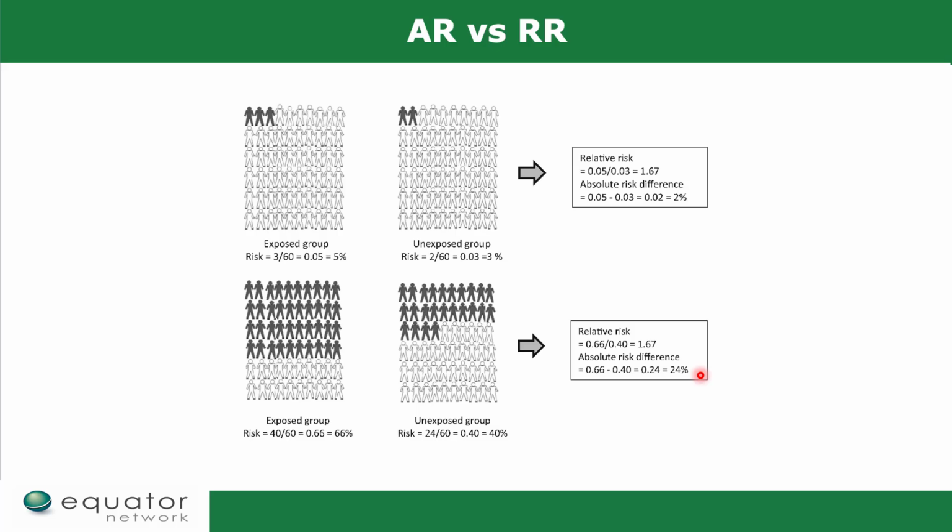Quite different despite the same relative risk. And this is why the studies which comment on the attributable risk, or its second name, the absolute risk difference, the risk difference, are more accurate and give me another insight rather than only the relative risk.